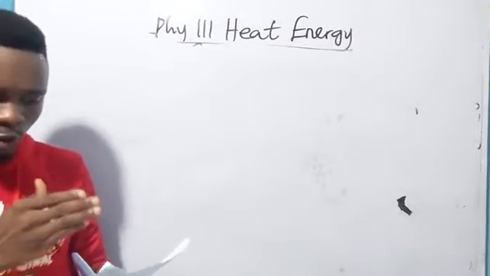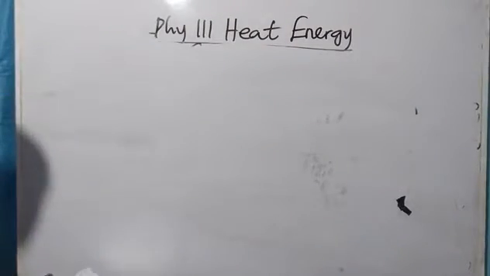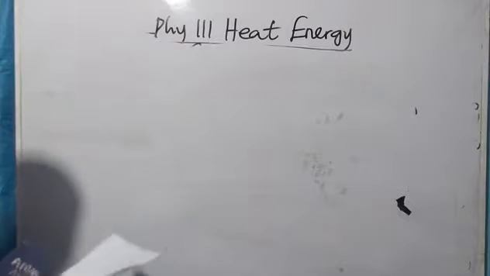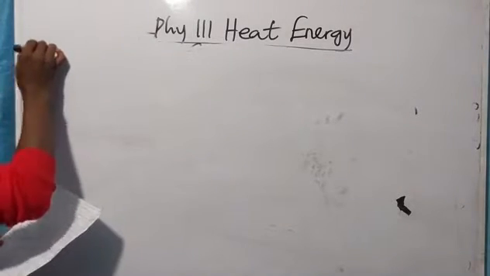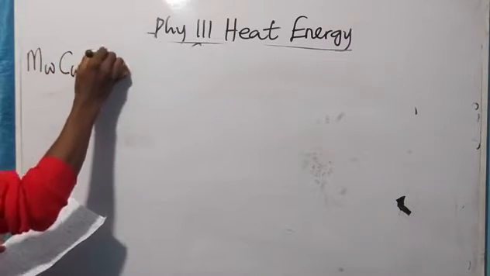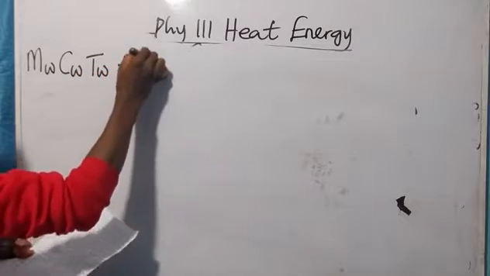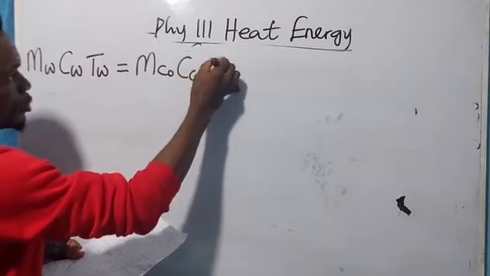So the relationship is between water and calorimeter. So it becomes the mass of water, specific capacity of water, and temperature change of water equals the mass of calorimeter, specific capacity of calorimeter, then temperature change of calorimeter.